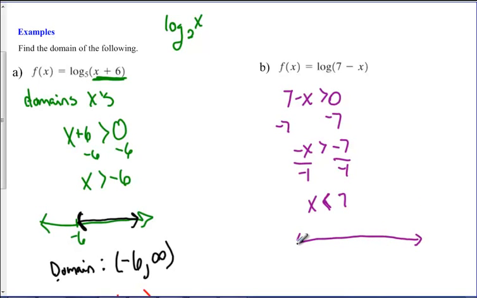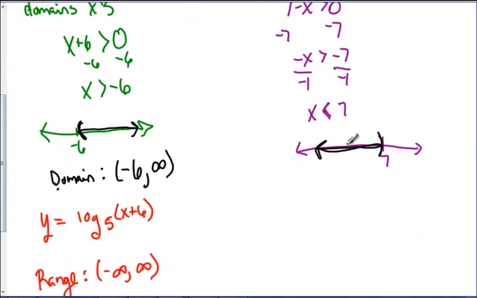So we have our number line, I've got a number 7. And which direction am I drawing, left or right? Going to the left. And parenthesis or bracket? Parenthesis. So in interval notation, that's going to be what? Yep. All right, very nice. So there's our domain.